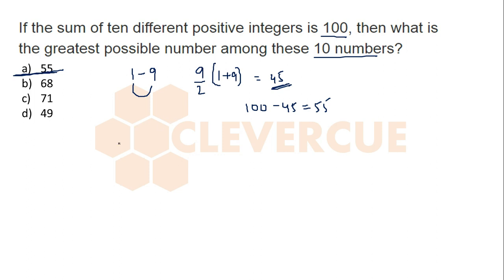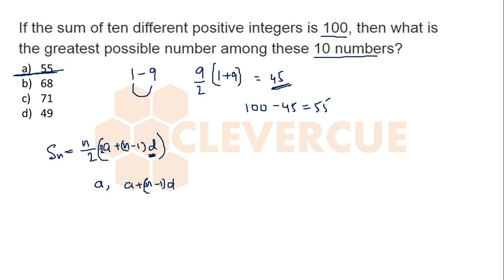See, here the sum of n digits will be equal to n by 2 into 2a plus n minus 1 into d. So this is the formula for sum of n digits, okay, where d is the common difference. Now if you see, the first number will be a and the nth digit, that is the last digit, will be a plus n minus 1 into d.